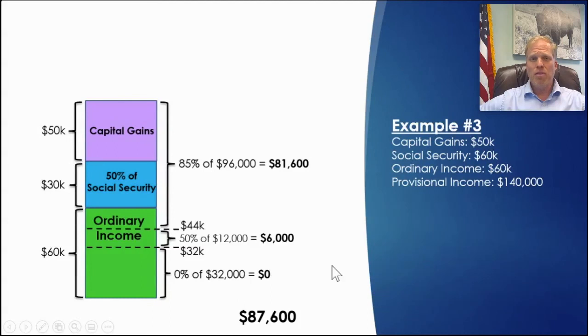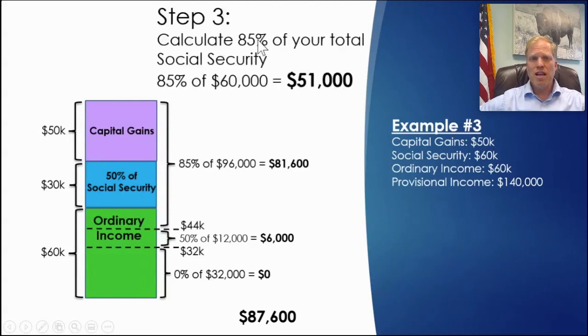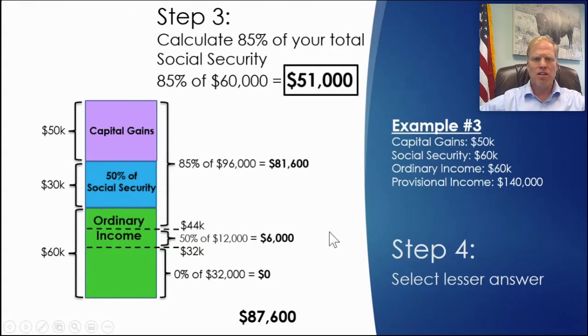So we have to remember, the other calculation is take 85% of that 60,000, which is 51,000, and you choose which one is lower, and that becomes the taxable portion of Social Security. So in this instance, we're going to use that 51,000. We select the lesser answer.